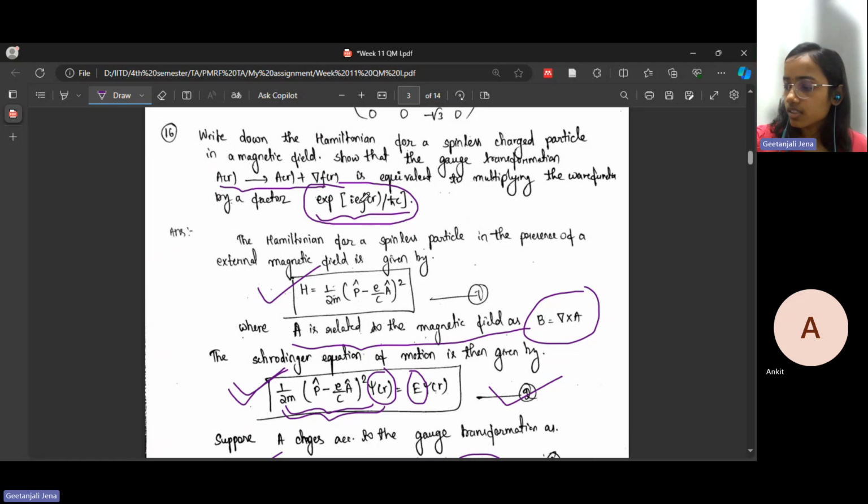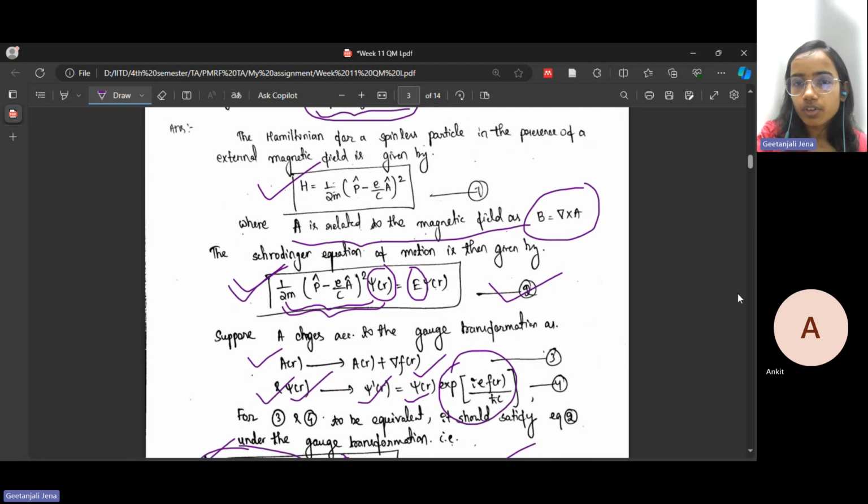Okay, so this is how you can prove this question. So I think this problem is clear to you. If not, then you can ask me. Otherwise, let me move to the next question. Do you have any query in this question? Because it was a long question. So if you have any query, then you can ask me.